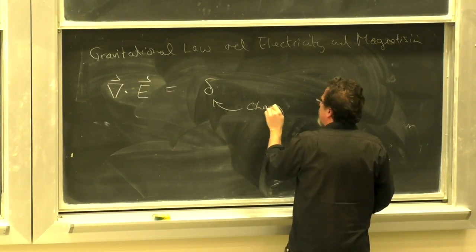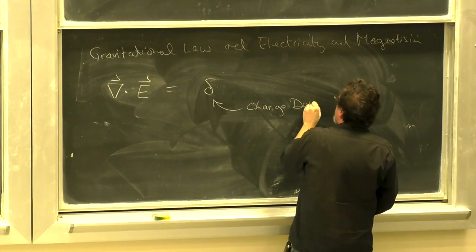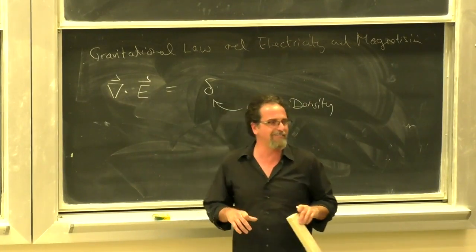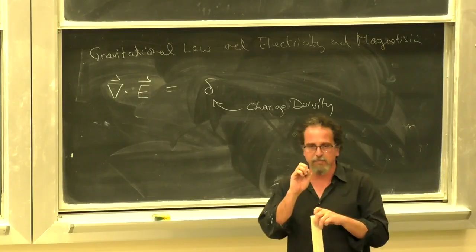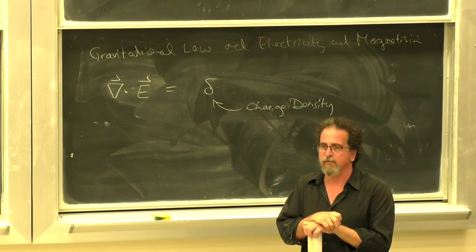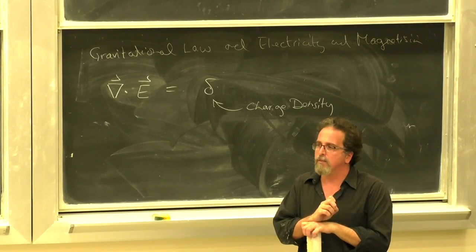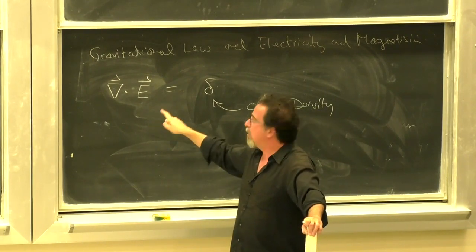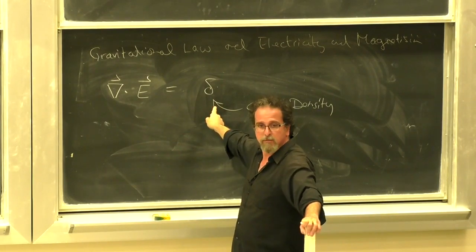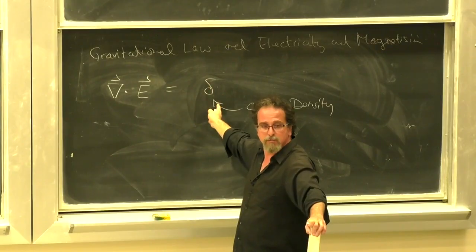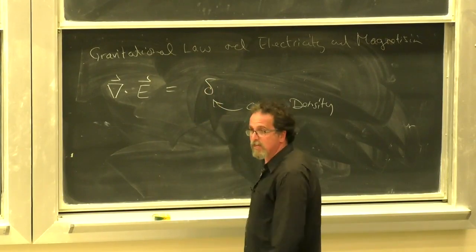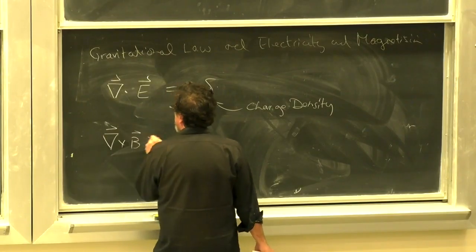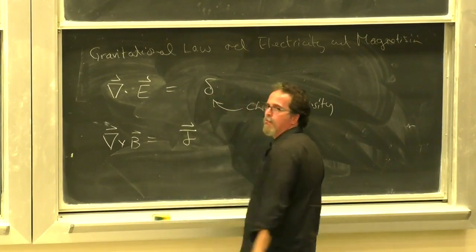Those of you who have taken E&M already will say, Professor, no, it's like 4 pi with a E. Don't worry about that. I'm trying to give you this in spirit right here. The point is the derivatives of the force are equal to the source. So too for magnetostatics, the curl of the magnetic field is equal to the current density.